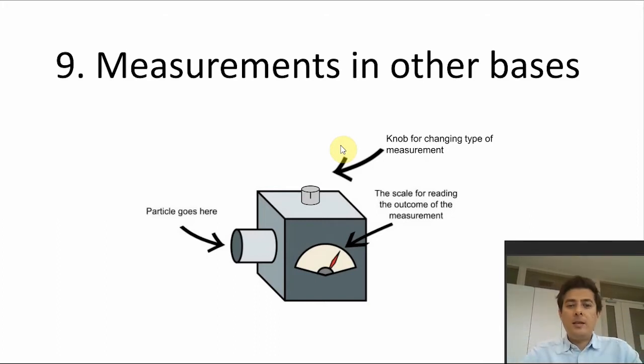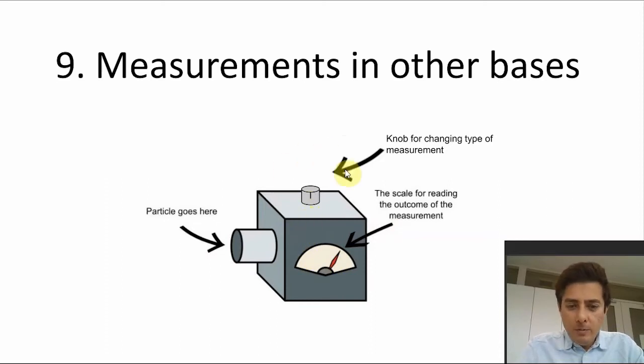So it's measurements in other bases, and so previously I had this kind of schematic picture of a measurement device in quantum mechanics, and so some particle goes in here, and it's measured randomly, and there's some outcome of the measurement, right?